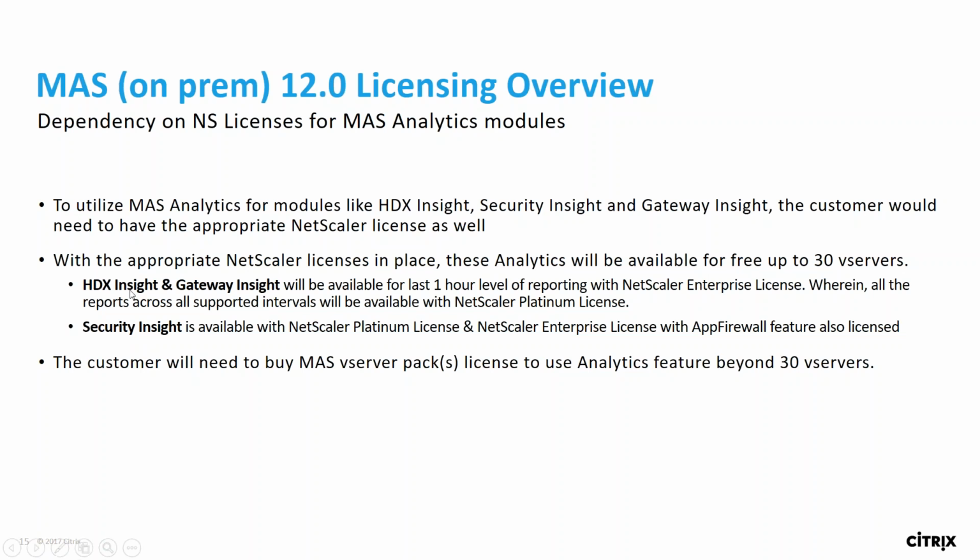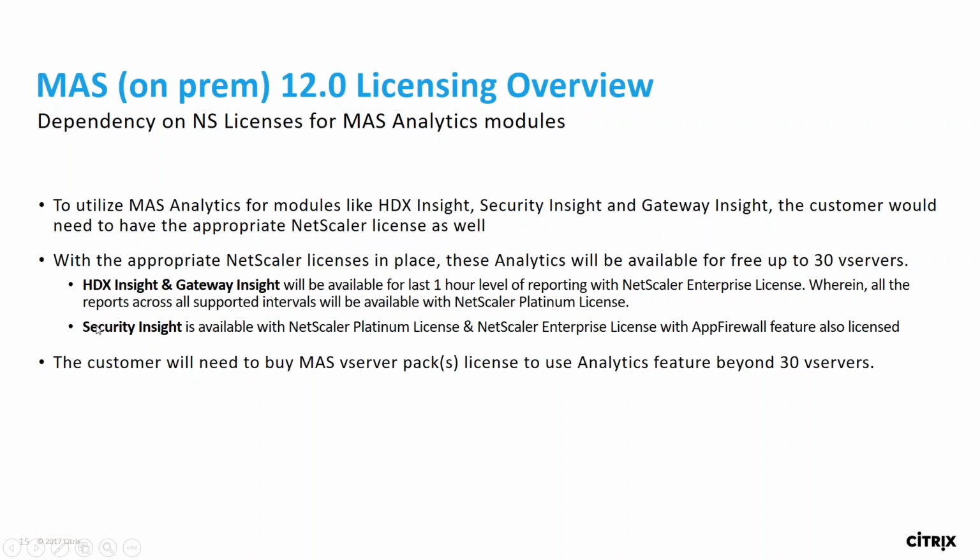Like for example, in HDX and Gateway Insight, apart from the MAS license, which you would need if you're leveraging it beyond 30 vServers, you will also need either a NetScaler Enterprise license, which will help you get last 1 hour level of reporting, or the NetScaler Platinum license to have reports across all supported intervals.